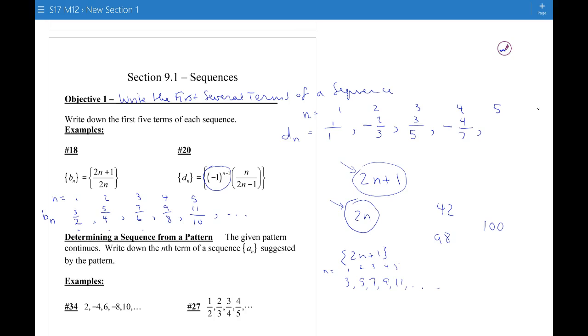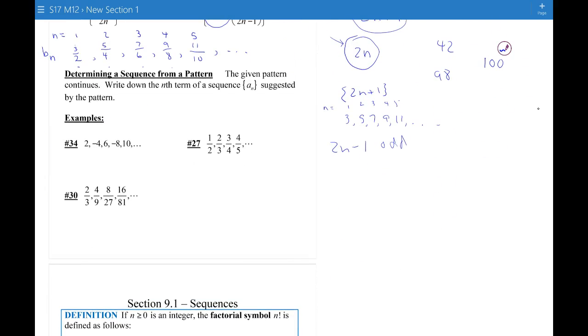And then you can see the pattern again. 1, 2, 3, 4, 5 are numerators. 1, 3, 5, 7, 9 are the denominators. And the sign alternates. That's what the negative 1 to the power does. So notice that 2n minus 1 also gives you odd numbers, because right before each even number is an odd number, and right after each even number is an odd number.